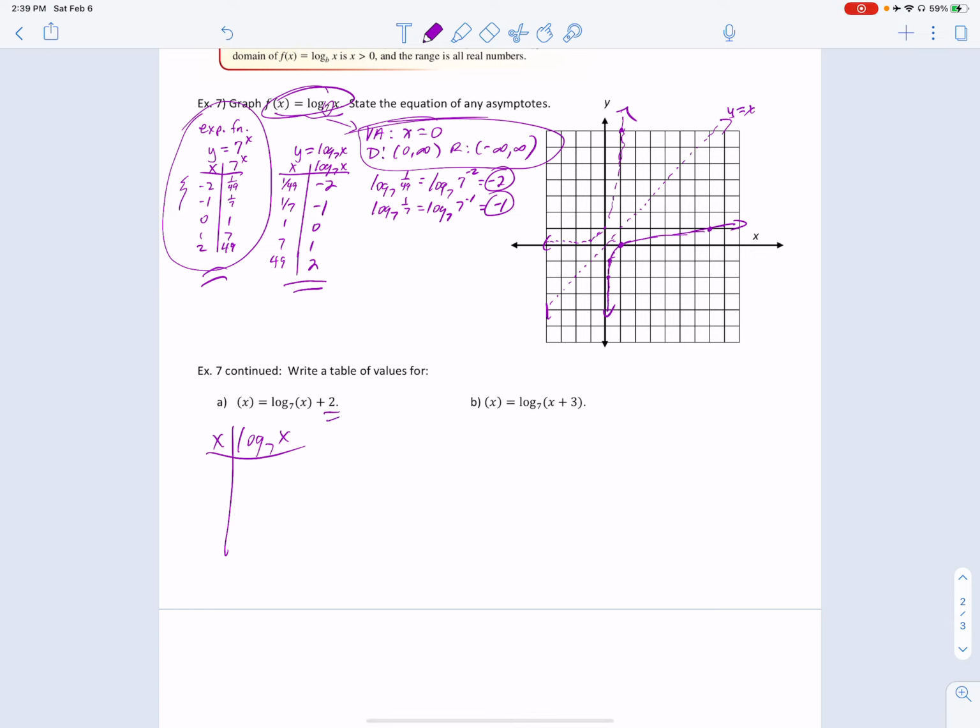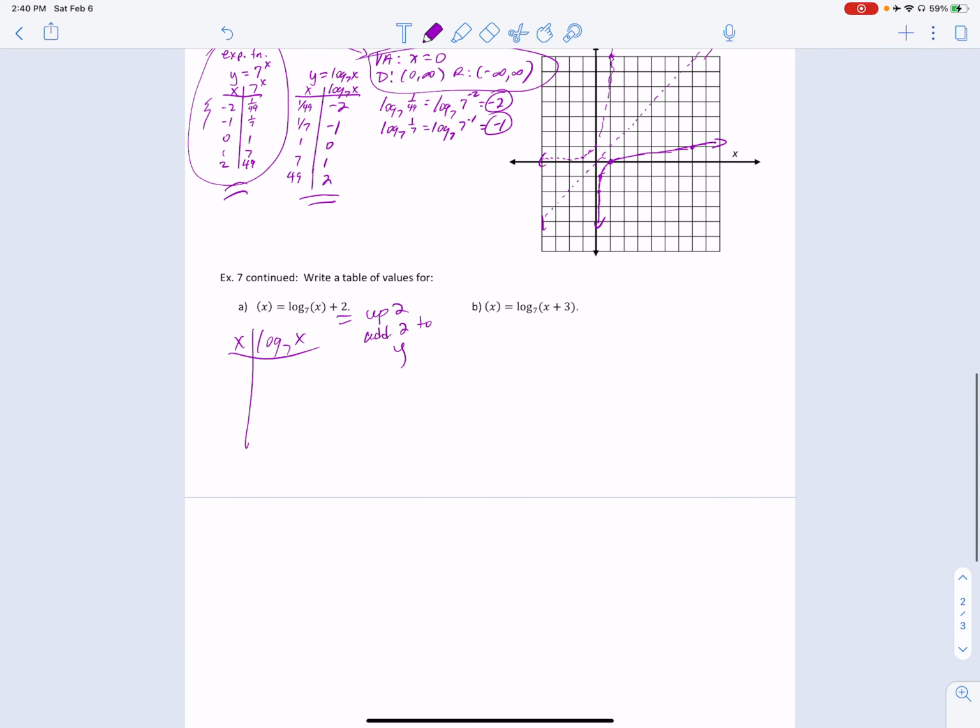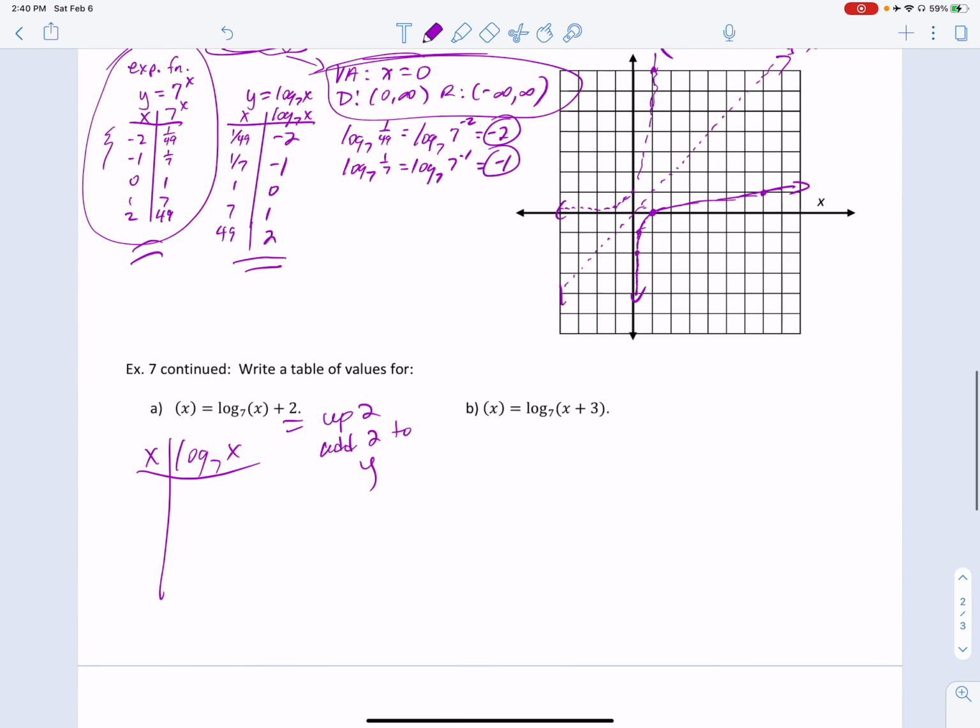And then this means I just need to take the log base 7 of x and go up 2. So add 2 to y. So my x's are going to stay 1/49, 1/7, 1, 7, and 49, but then we're just going to add 2. So 0, 1, 2, 3, and 4. And there's my table of values.